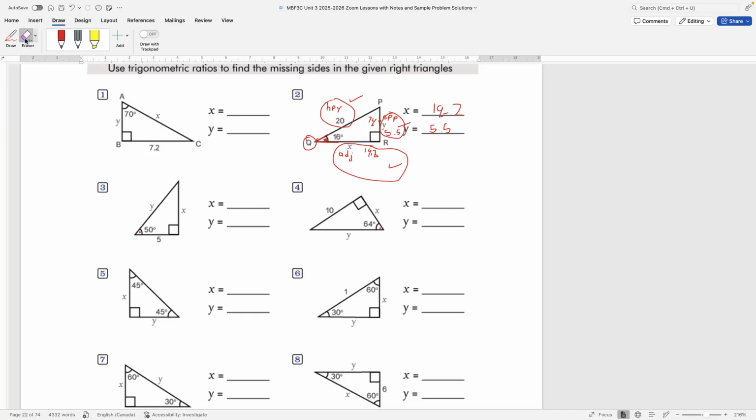So let's tidy this up now. We have solved two problems, and you've seen where I've used sine, cosine, and tangent. I've done an example of each of those now.